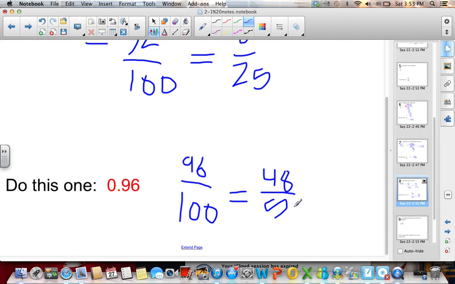And then I can divide them both by 2 again. And you should get 24 25ths. So 0.96 or 96 hundredths is the same as 24 25ths.